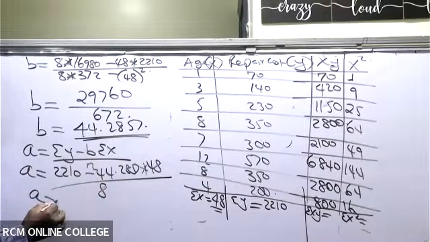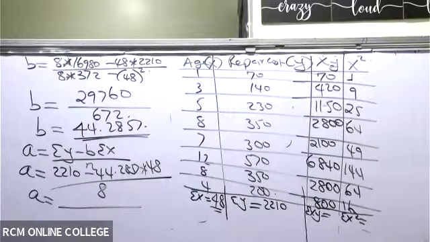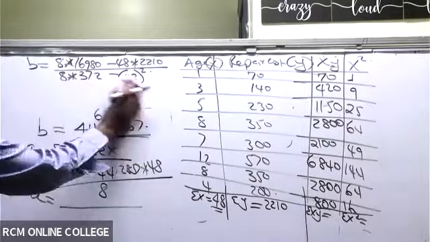Again, go slowly and give me the numerator. Is there somebody who is able to give me the numerator for getting the value of A?